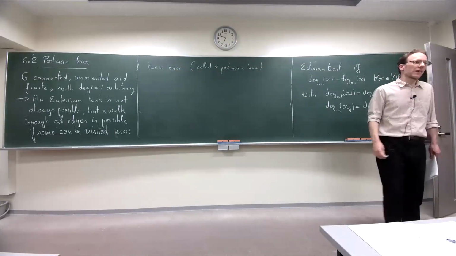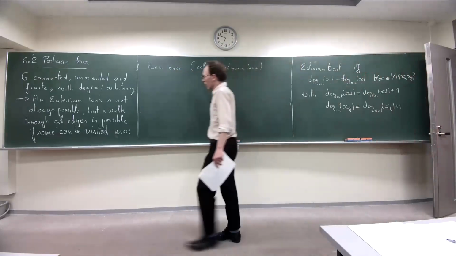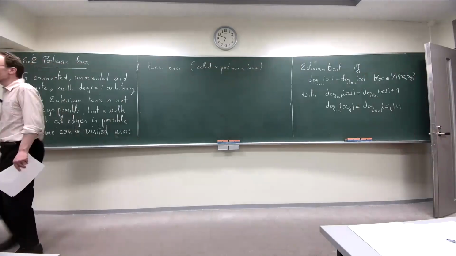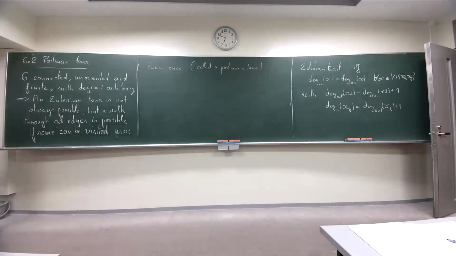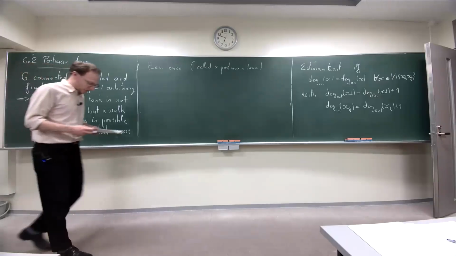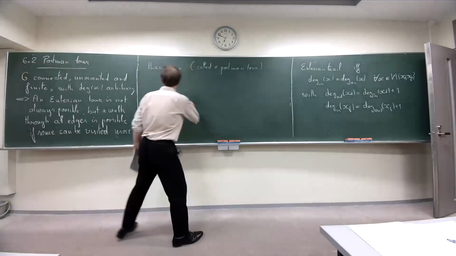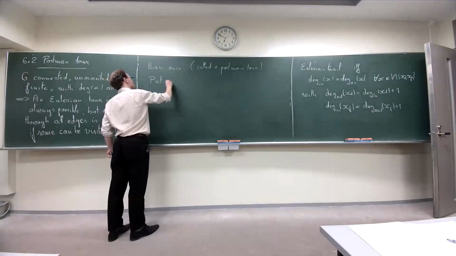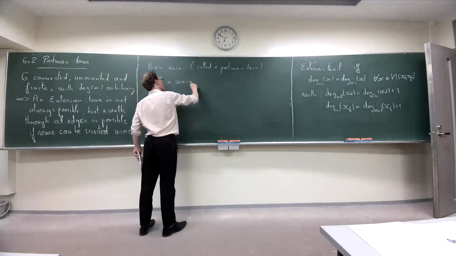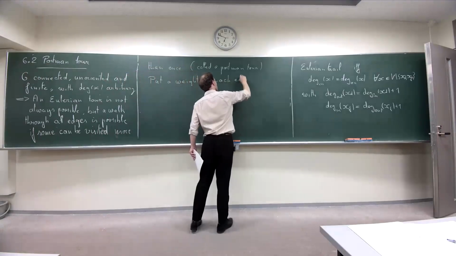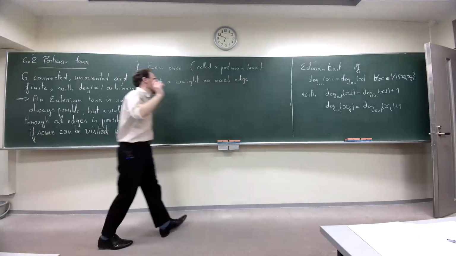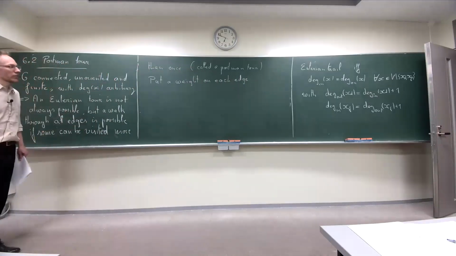All right, but still, now you would still look for something which has a minimal number of edges. If you want to go everywhere, you still want to minimize the length. So we are going to put a weight on each edge. The weight can be 1. If you do it with a weight 1 everywhere, that's fine.